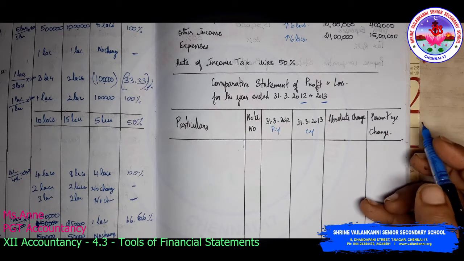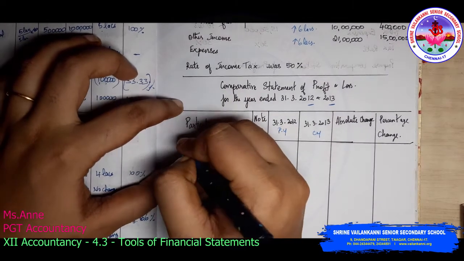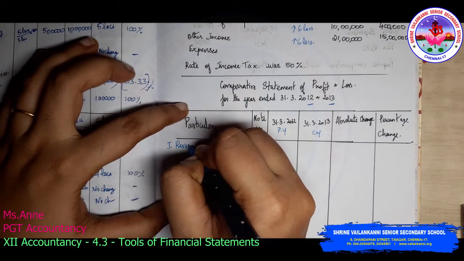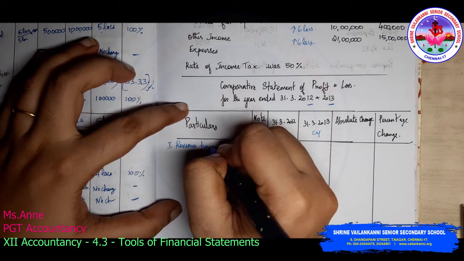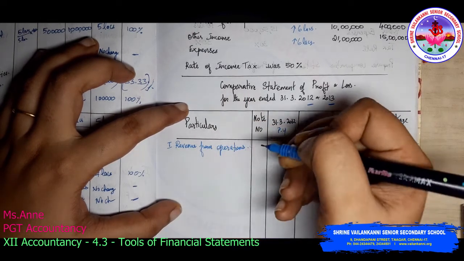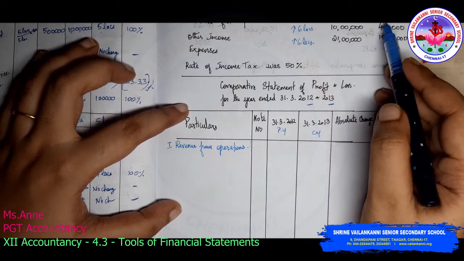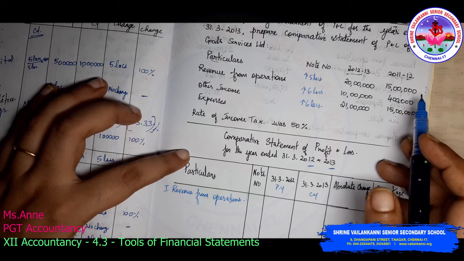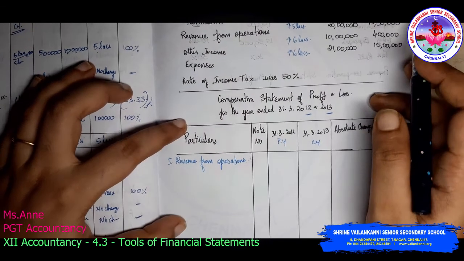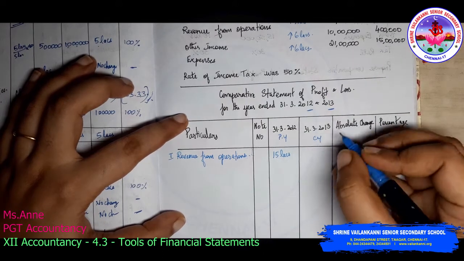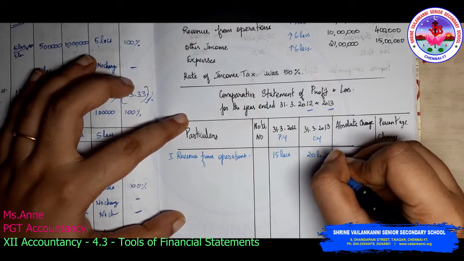Now the first item is revenue from operations. In 2012 the revenue from operations is 15 lakhs, so I'm just writing 15 lakhs, and in 2013 it is 20 lakhs.